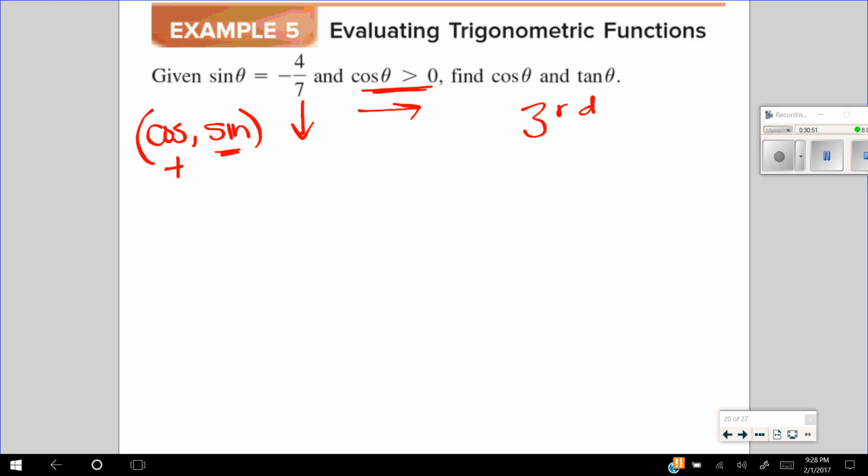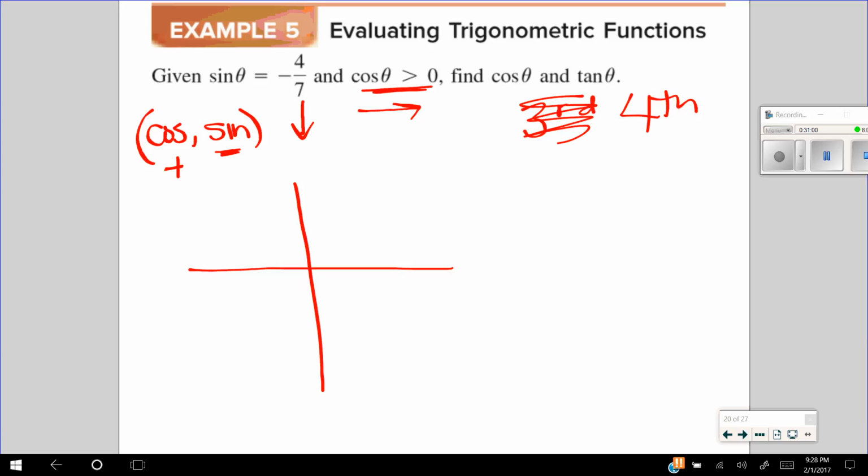So when I go to graph this, I'm going to graph an angle right here in the, I'm sorry, that's not the third, that's the fourth quadrant. What am I thinking? 1, 2, 3, 4. Okay. That puts me in the fourth quadrant, which then when I draw my reference triangle, I connect back up. Now, sine is opposite over hypotenuse. So that must mean that the opposite of this angle is -4 because it moved down.